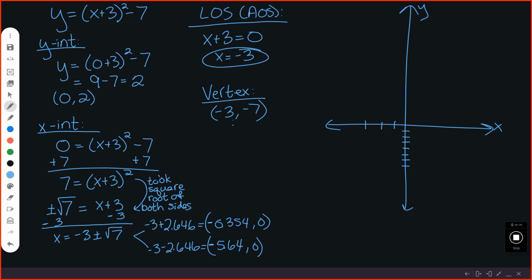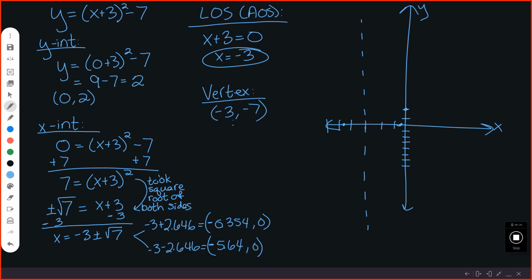All right, so x equals -3 is my line of symmetry. My y-intercept is 2, right there. My x-intercepts are -5.646, which is going to be here, and -0.354, which is going to be right there.